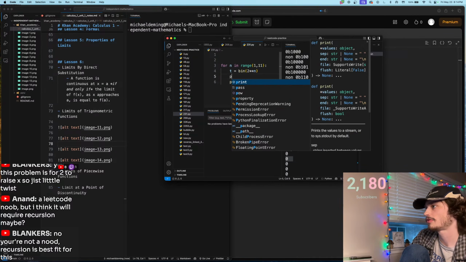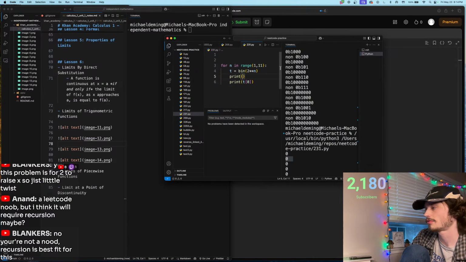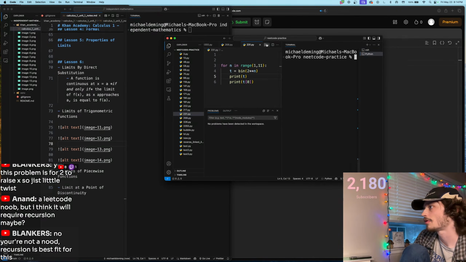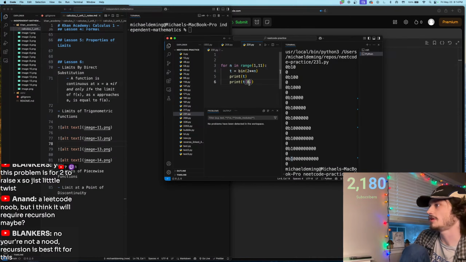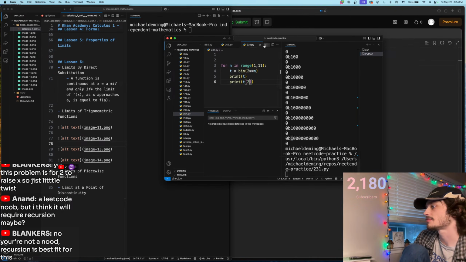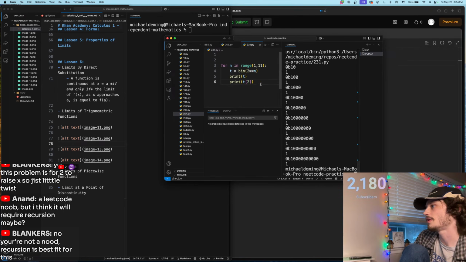So let's print t. Let's also print t[0], which is this guy, so the 0b. So we want to get access to this 1, so we want to print the second index. Okay, now we're getting that 1. Now, can I bit shift this? I'm not very good at this. Bit shifting.